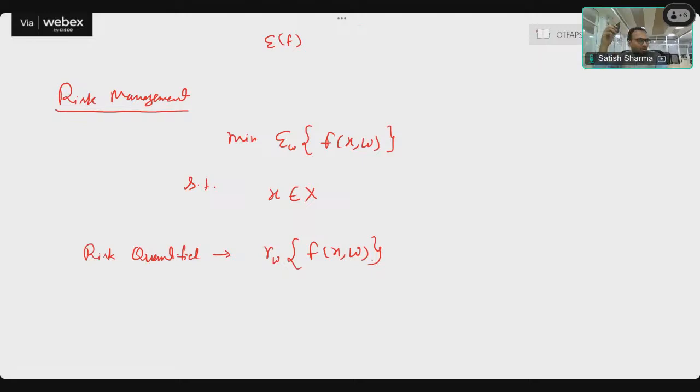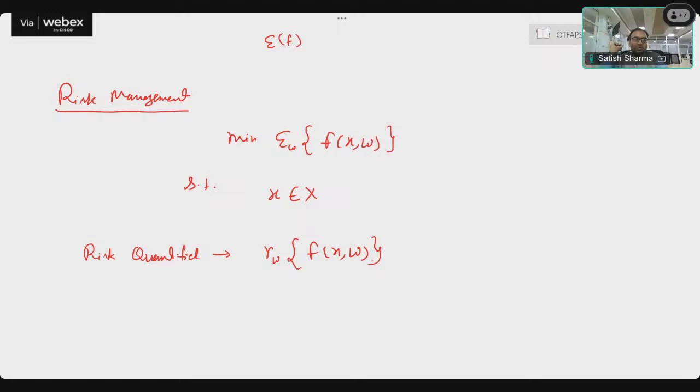Now, coming back to risk management. Let's say f of x depends on the scenarios, and with each scenario we have some objective function value f, and obviously each scenario has a probability. If, let's say, 1,000 scenarios are there, then 1,000 function values will be generated, and they will have some probability.